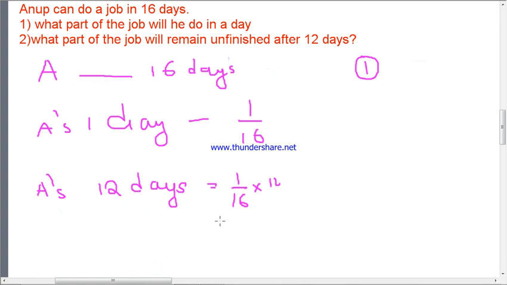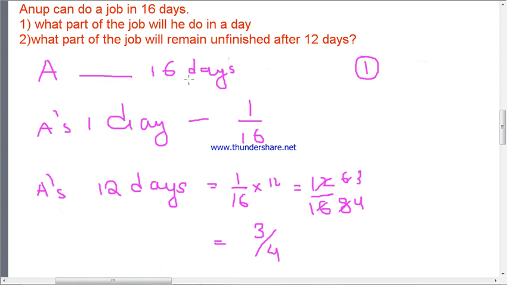You will get 12/16, which can be simplified. 2 into 6 equals 12, 2 into 8 equals 16, 2 into 3 equals 6, 2 into 4 equals 8. So 3/4. In 12 days he does not complete the job; he finishes 3/4 of the work.